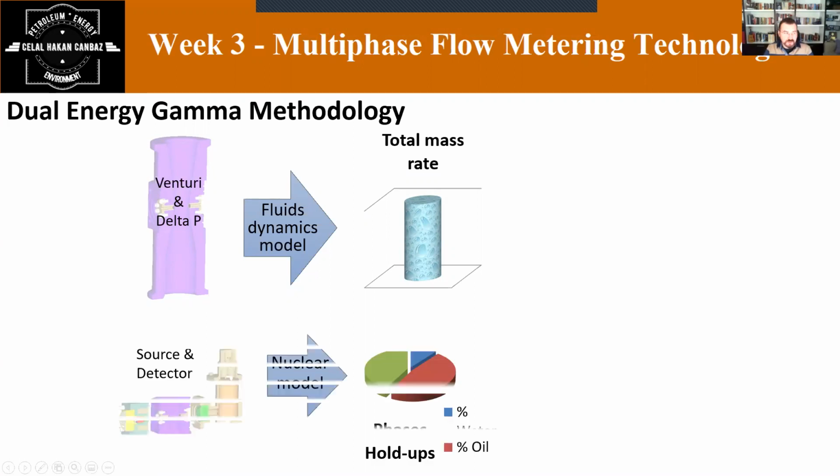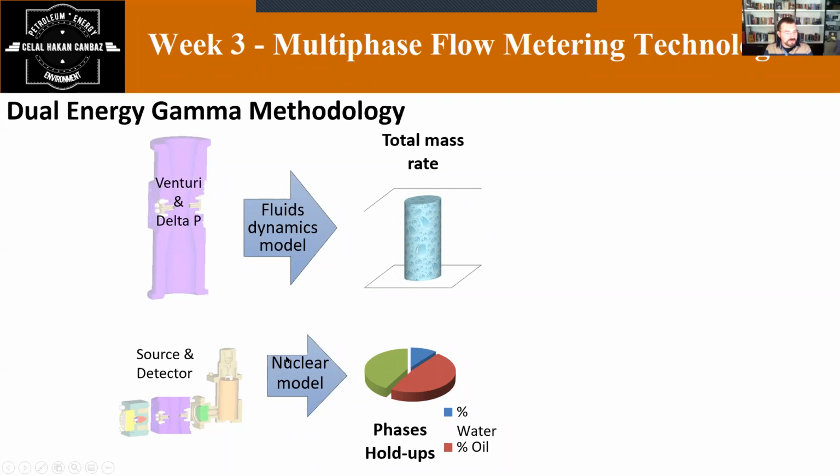On the other hand, you have a source and detector here, making another measurement, the gamma ray nuclear measurement. You put this into another nuclear model, and it gives you the phase holdups, the percentages of individual phases. It says 60% oil is producing, 20% water, 20% gas.